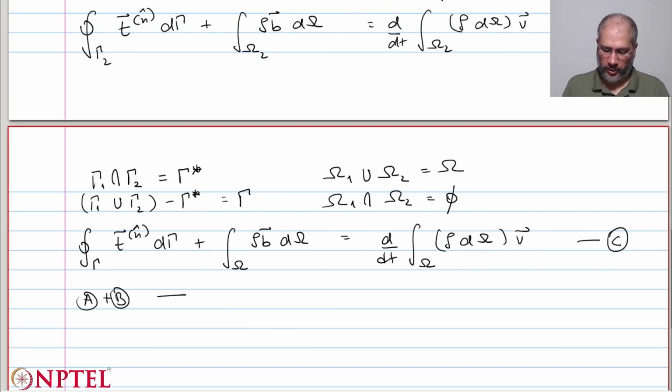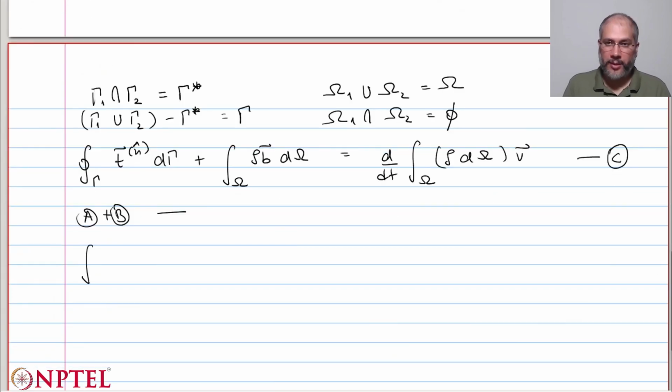So this results in the following equation, where we write the integral over the bounding area of part 1. We'll split that into an integral over gamma 1 minus gamma star and a gamma star. Remember, part 1 has some portion from the overall body, and it also has the gamma star contained in it, because we had hypothetically sliced to create the imaginary part 1 body.